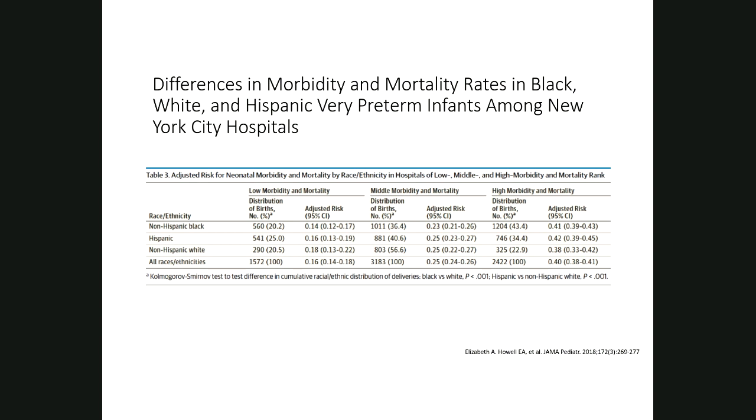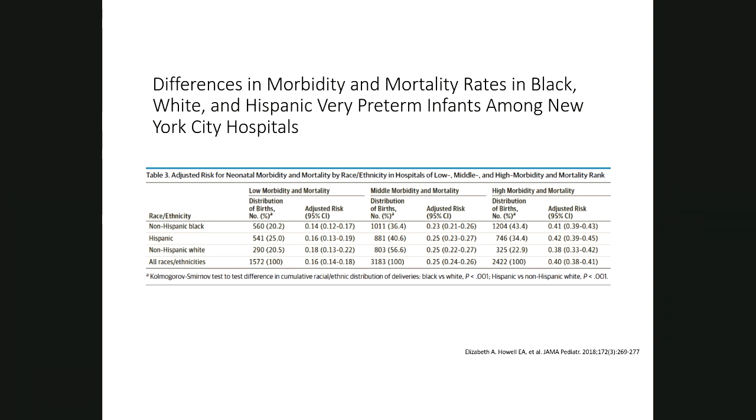Ultimately, they found that the risk-standardized mortality and morbidity rates were twice as great for very preterm births born in hospitals with the highest morbidity and mortality tertiles as for those born in the lowest morbidity and mortality tertile. Black and Hispanic very preterm births were more likely than white very preterm births to be born in hospitals with the highest morbidity and mortality tertile.